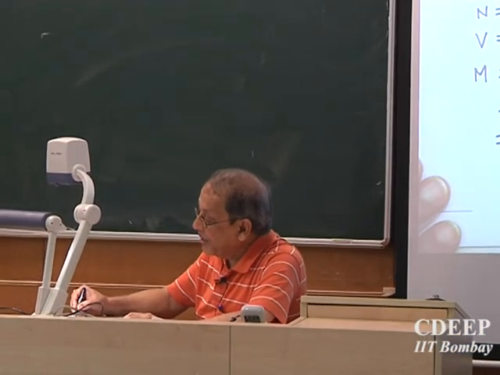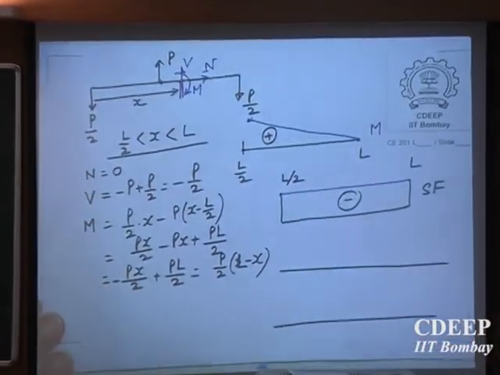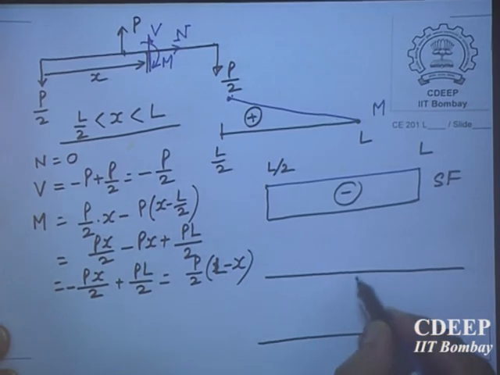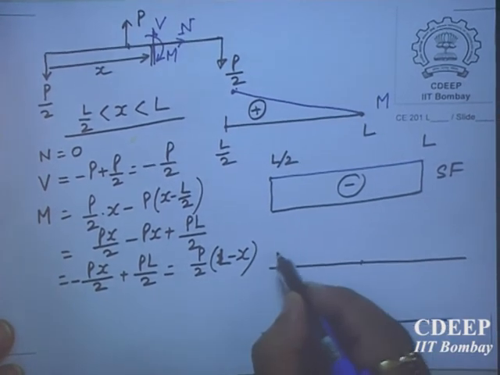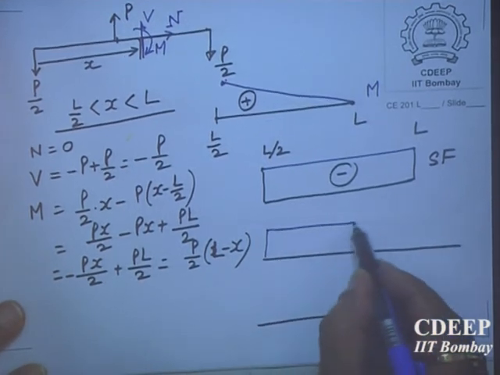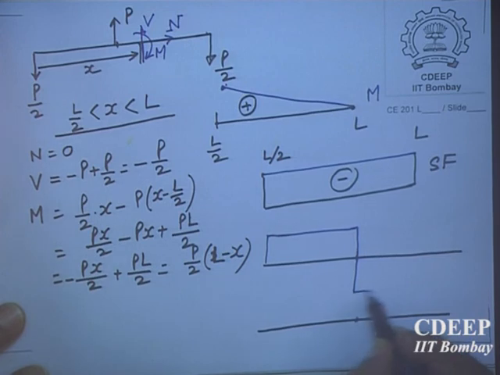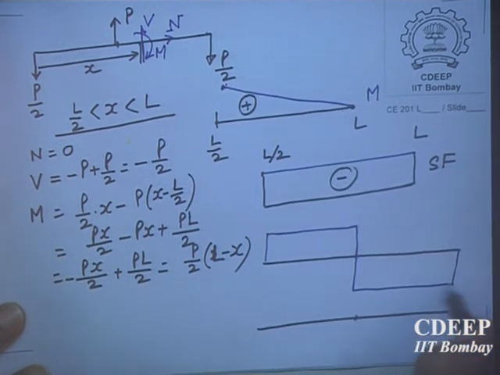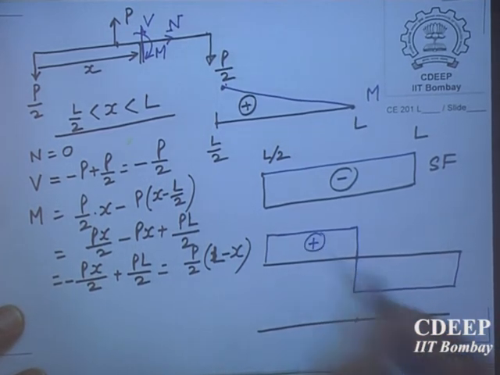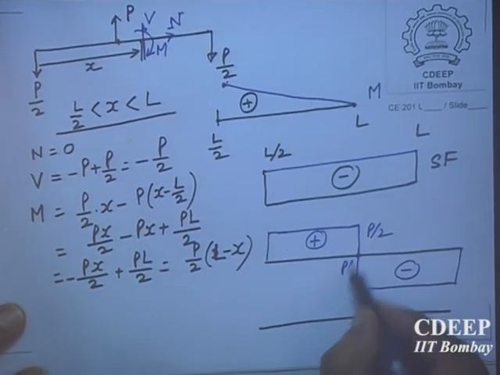Okay. Now if I want to draw the total length, the shear force diagram will look like this. First positive, then there is a change, it comes down, then it becomes like this. So this is positive, this is negative. This is P by 2, this is P by 2.